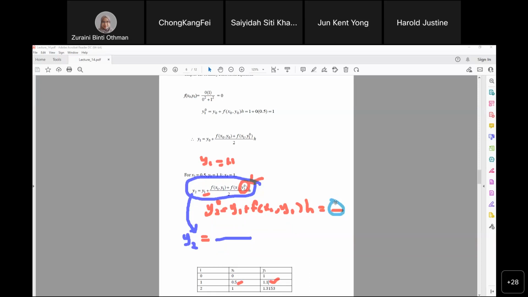Y02. Ni 0 apa? Ni kita cari guna Euler Method. Inilah formula dia. Dia bukan macam power ke apa? It's not that. It's not power lah.